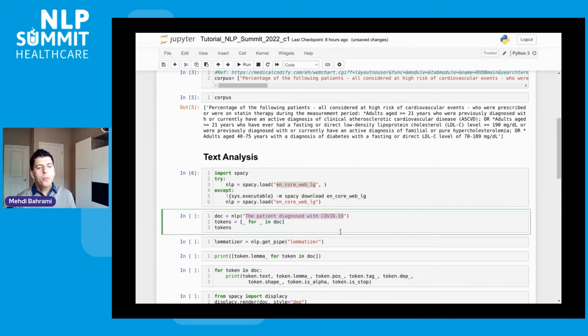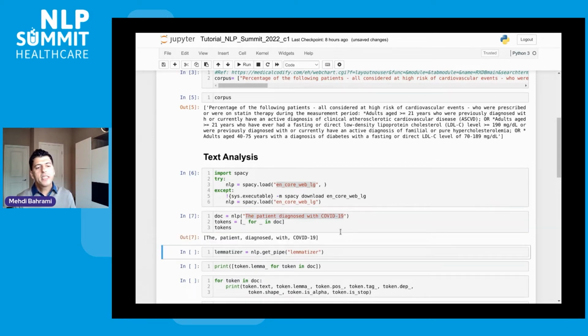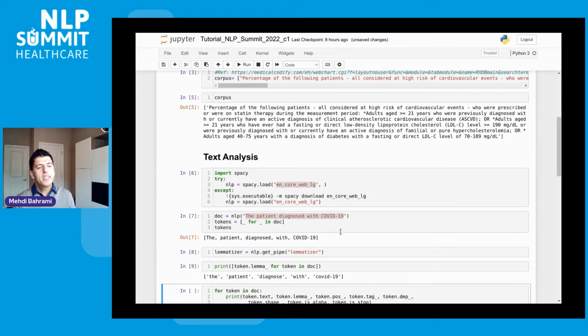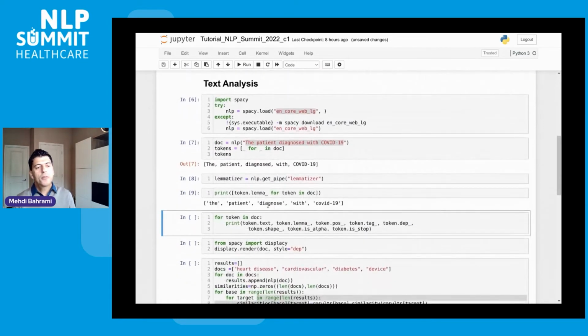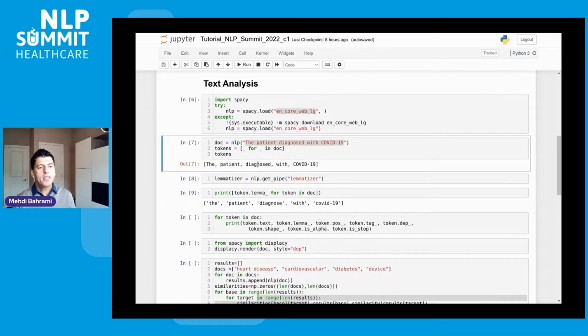Anyway, you can see we can look at the provided text, and then we can tokenize it, which means we can separate each element, and by processing those elements, we can understand different segments of the text. Then we're going to use a lemmatizer to understand the root of those contexts.